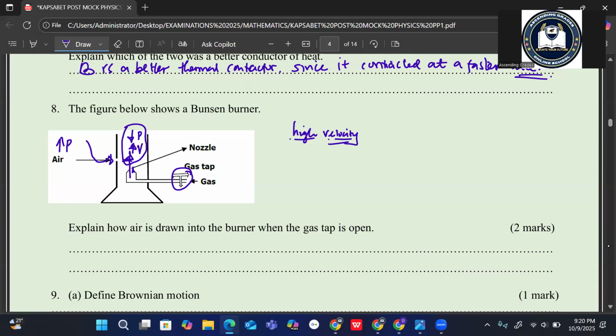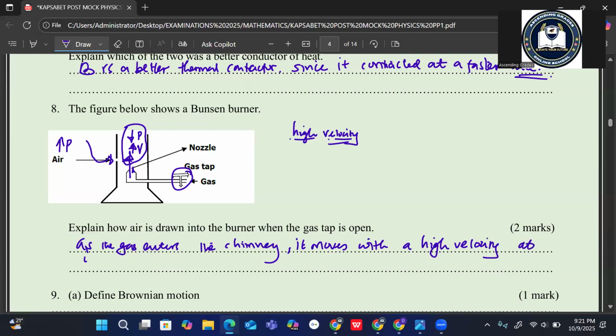We can say, as the gas enters the chimney, it moves with a high velocity at the nozzle, creating a low pressure zone.